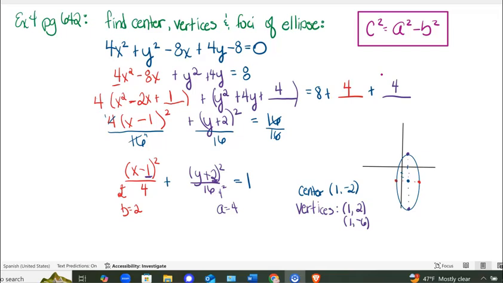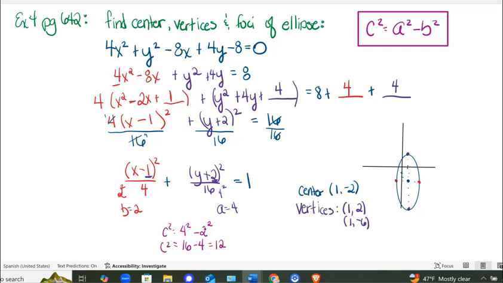So I'm going to do this little scratch work under here. Since my a is 4, c squared equals 4 squared minus my b squared. My b is 2, so it'll be 2 squared. So c squared is equal to 16 minus 4, which is equal to 12.